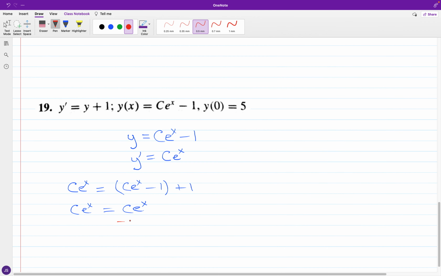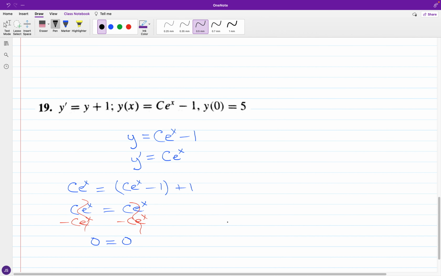If I were to, I could actually stop here. But just like in the earlier verification by substitution exercises, you had that 0 is equal to 0. And so we do have that y equals c times e to the x minus 1 is a solution.